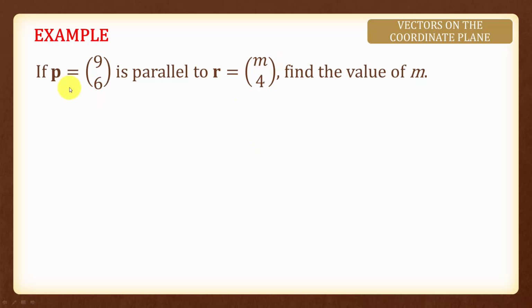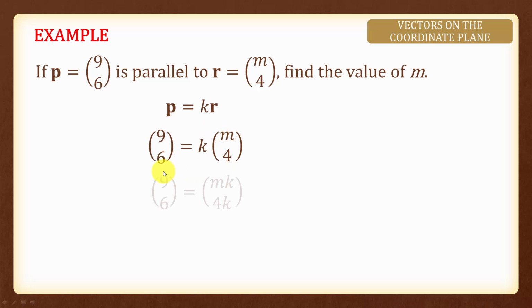Since they are parallel, these two vectors are scalar multiples of each other, and we will have (9, 6) is equals to k times (m, 4). Next, we will multiply in the scalar to give us (9, 6) is equals to (mk, 4k). Let's compare the y value here. Since these two are equal, we will have 4k equals to 6.